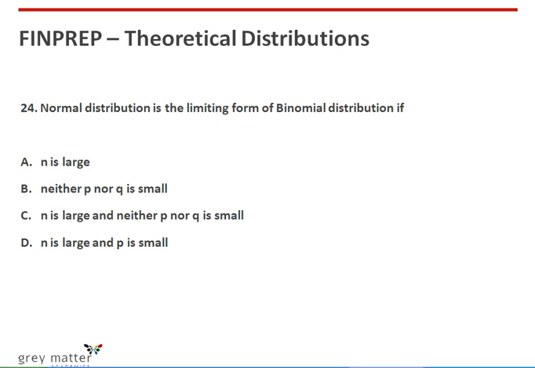It is a limiting form of binomial distribution, that is n is large, neither p nor q is small. So the option is C, as shown in the PowerPoint slide. N is large and neither p nor q is small, which is your normal distribution.